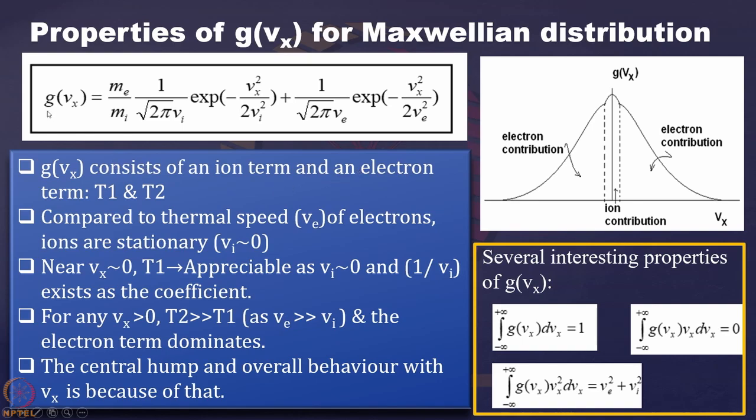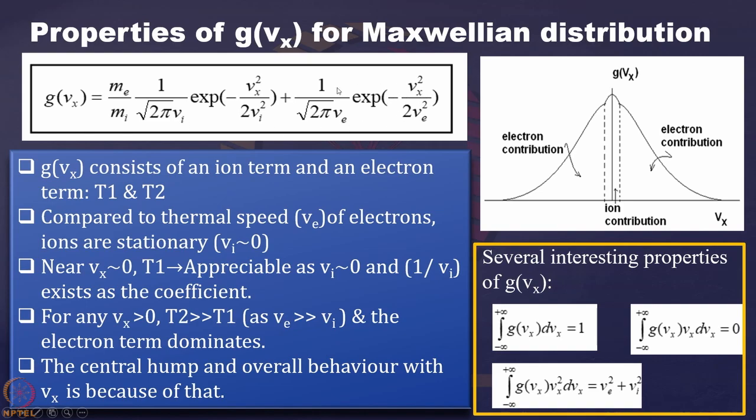Now you see that this expression extends from Vx equal to 0 to Vx equal to infinity. When Vx is equal to 0, this term is simply 1, and this term is also simply 1. Now it all depends on what 1 by Vi and 1 by Ve are. Depending on the temperature, Vi will have some value and Ve will have some value. In any normal plasma, Vi is much less than Ve.